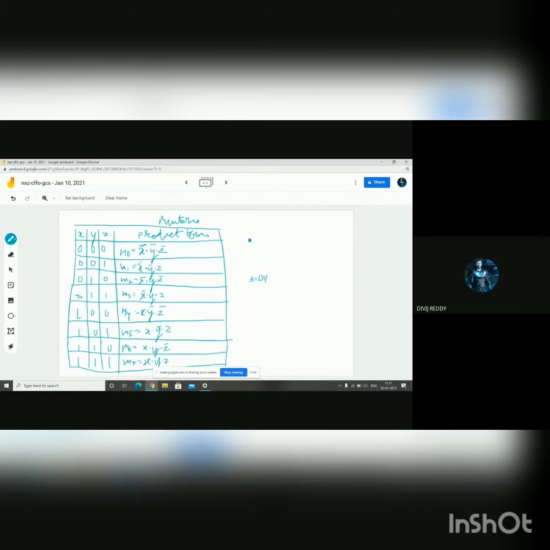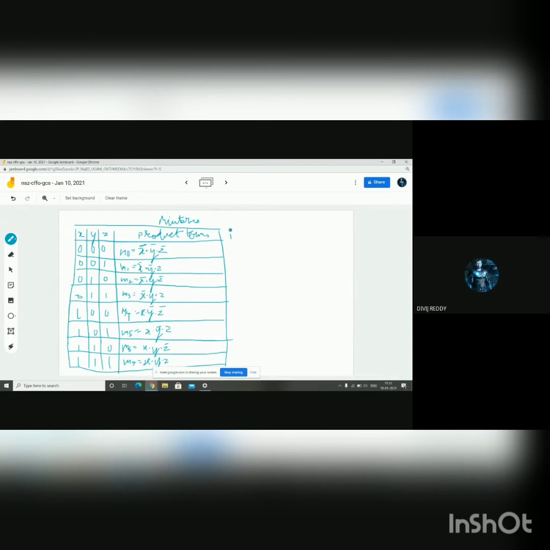From this table, in the given question, we can write the minterms for all the three given terms. The question is to find the minterm designation of the following.